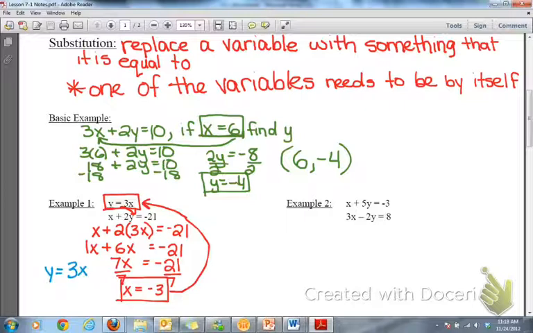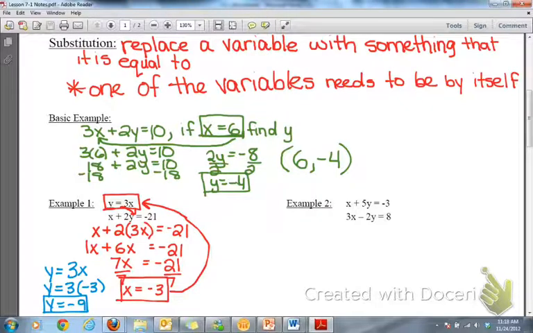And since I know x equals negative 3, then I can just say y equals 3 times negative 3. So that means y equals negative 9.